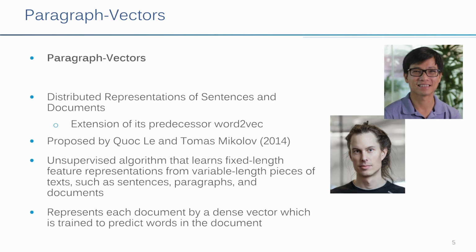So, paragraph vectors, or the paper that named this topic, Distributed Representations of Sentences and Documents, was created by the same authors as Word2Vec, Tomas Mikolov and Le, and they came up with an unsupervised algorithm that learns fixed-length feature representations from variable-length pieces of text, such as sentences, paragraphs, and documents.